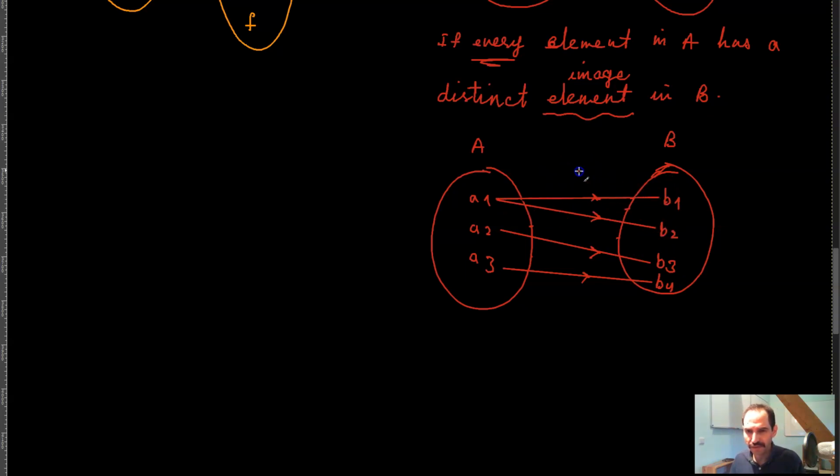And as you can see, if I call this relation f, then for example f of A1 here, there is no way to know what that is, because it could be B1 or it could be B2, right? You don't know what that is.